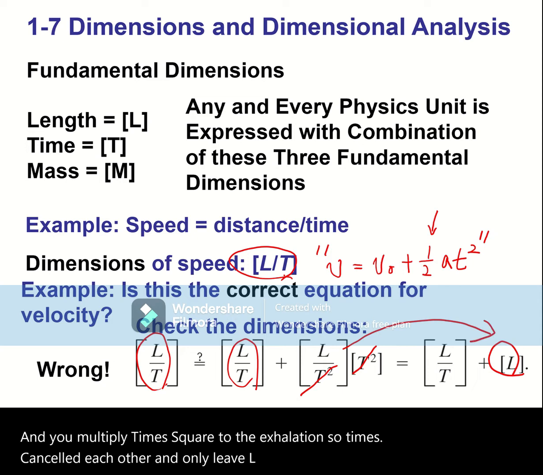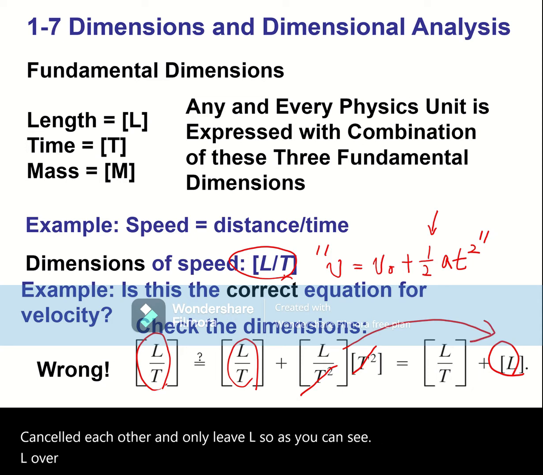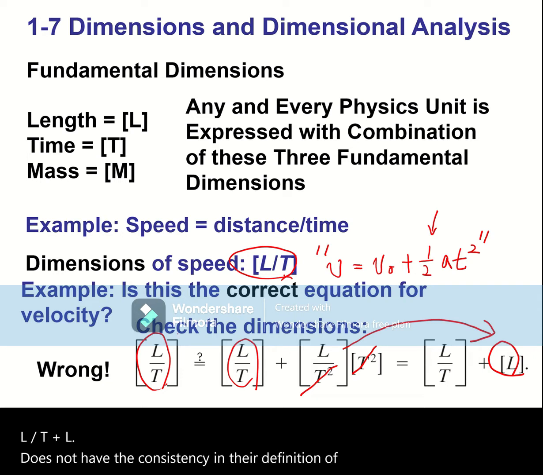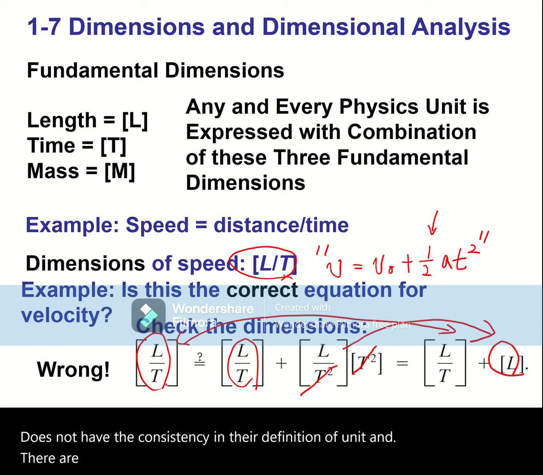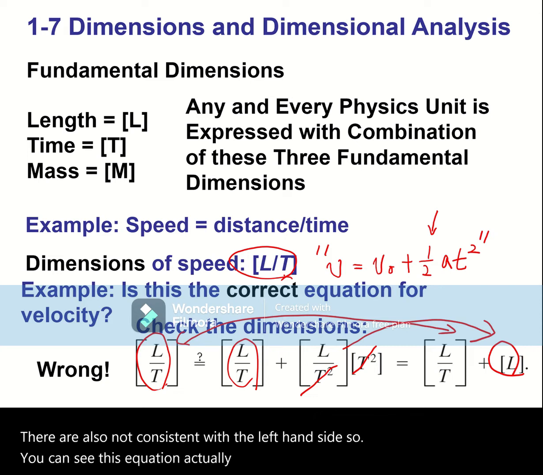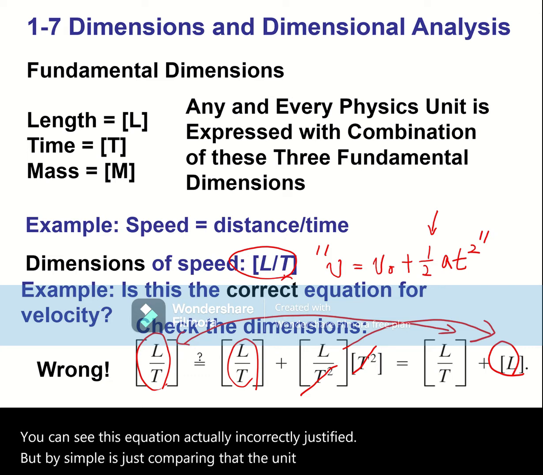As you can see, L over T plus L is not consistent in units, and they are also not consistent with the left hand side. So this equation is incorrect. By simply comparing the units, you can easily find out whether the equation is correct or not.